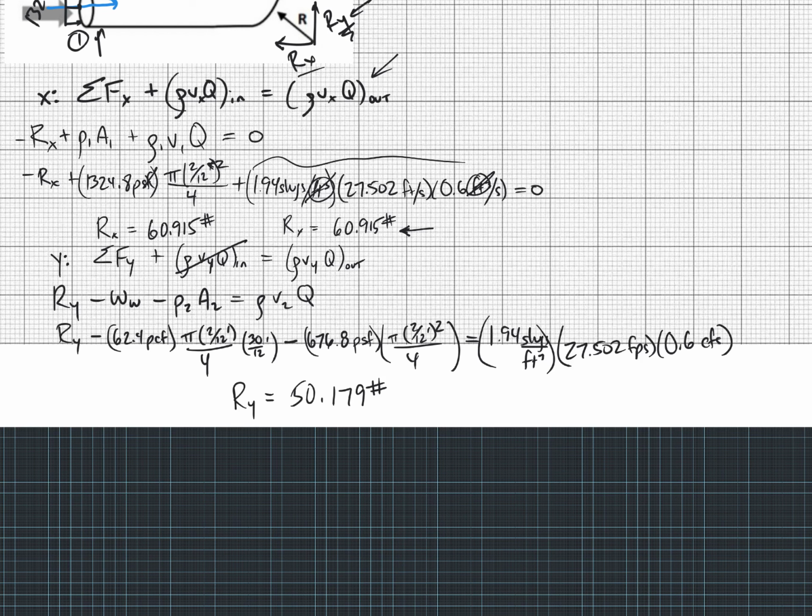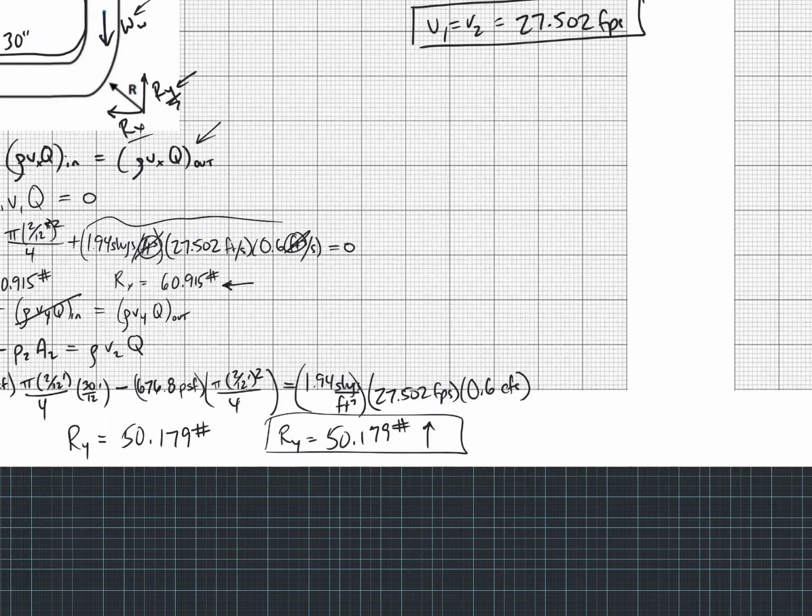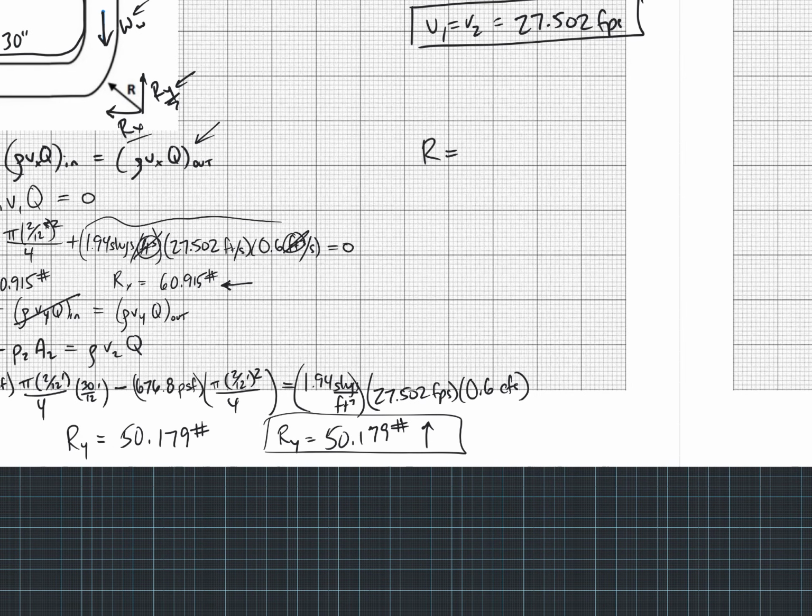Okay, and we assumed upwards, so it's going to be Ry equals 50.179 pounds upwards. Okay, so now we need to get R, and R then equals the square root of 60.915 pounds squared plus 50.179 pounds squared.